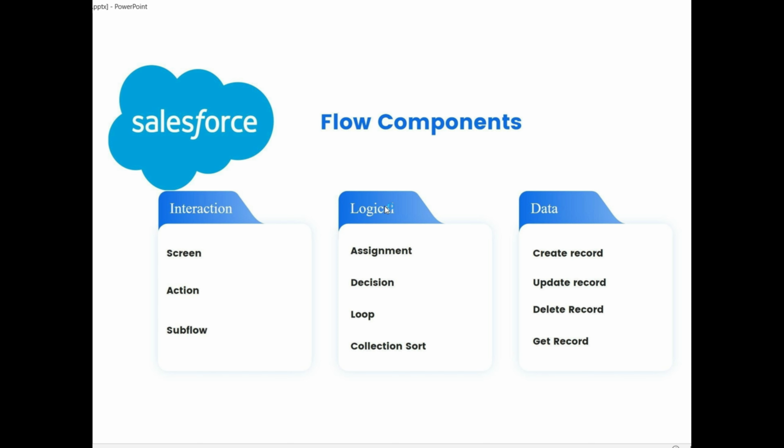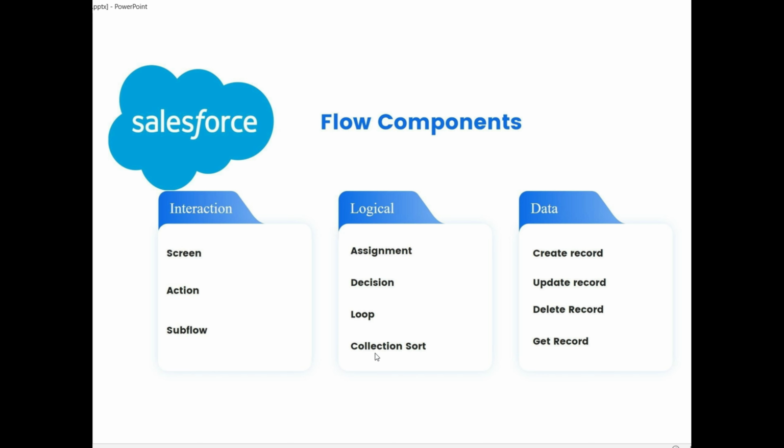And under logic components, these handle the logic or decision-making part of your flow. Assignment is used to assign or update values in a variable. Decision works like an if-else condition. You can branch your flow based on criteria. Loop helps repeat an action for a group of items.